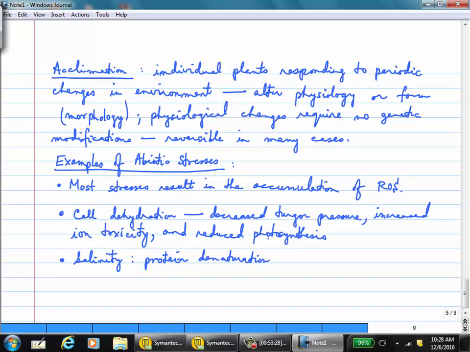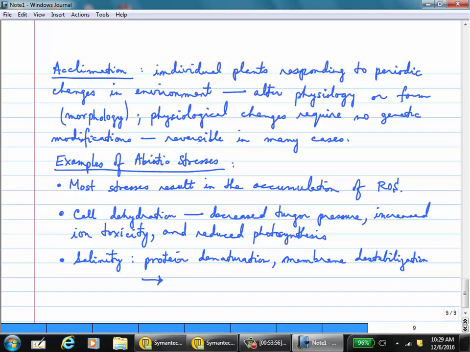Then it can mess up your cell membranes. So membrane destabilization. And when that happens, you're going to have reduced above ground growth, because the plant is under stress, it's not going to grow that fast.